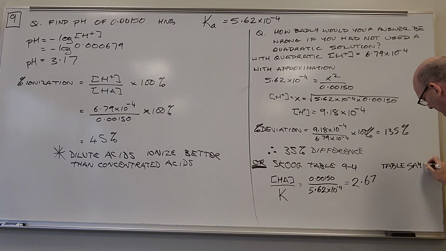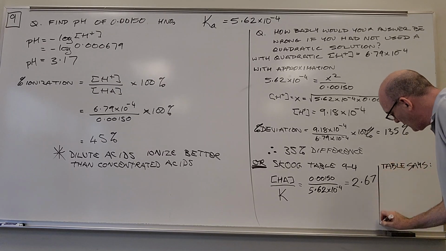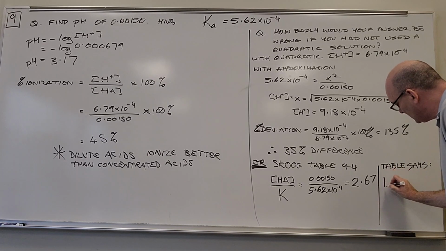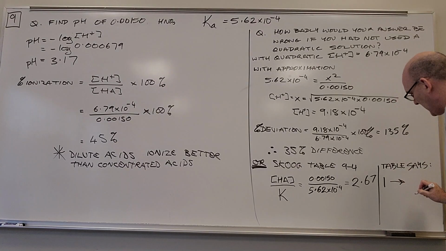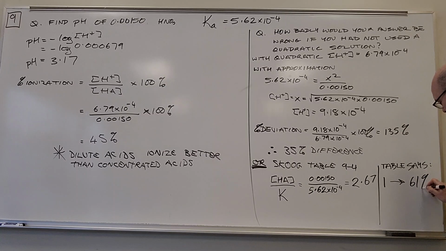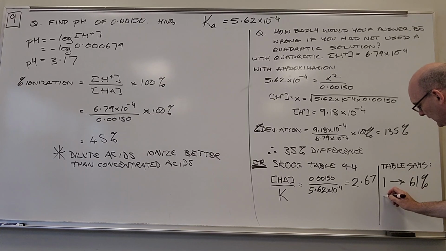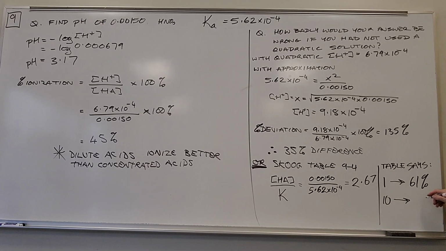And the table says that when this value is 1, that suggests a deviation of how much percent? It doesn't actually say 1 on the table, it says 10 to the 0. 61%. And when the value is 10, it predicts a deviation of 17.